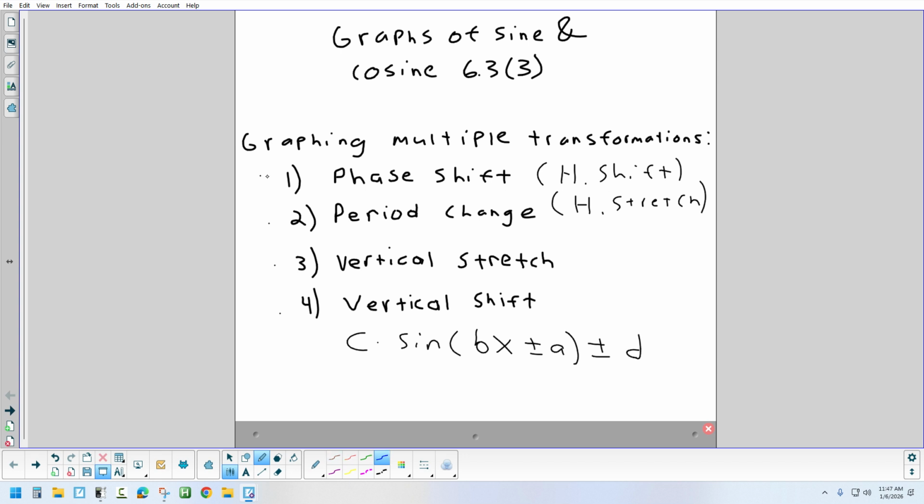A is your phase shift. B, that's your period change. C in the equation below is the vertical stretch. And D, that's the vertical shift.